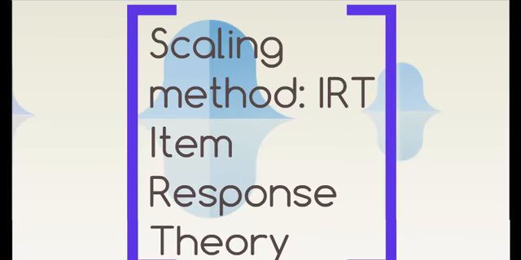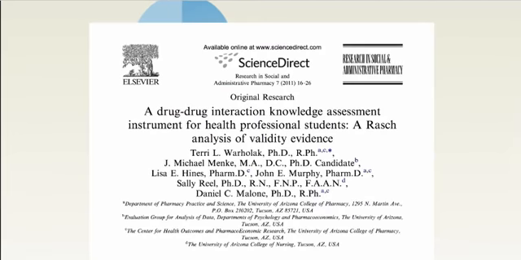So we have an alternative to factor analysis and to classical test theory, and that's called IRT, or item response theory. Here's an example of item response theory, specifically the type of item response theory that's called a Rasch analysis. Again, this is some of my work.